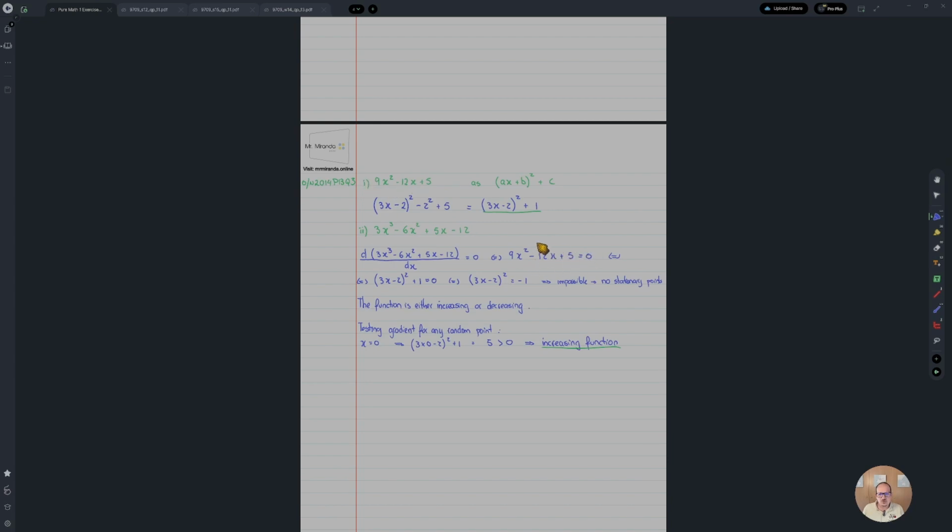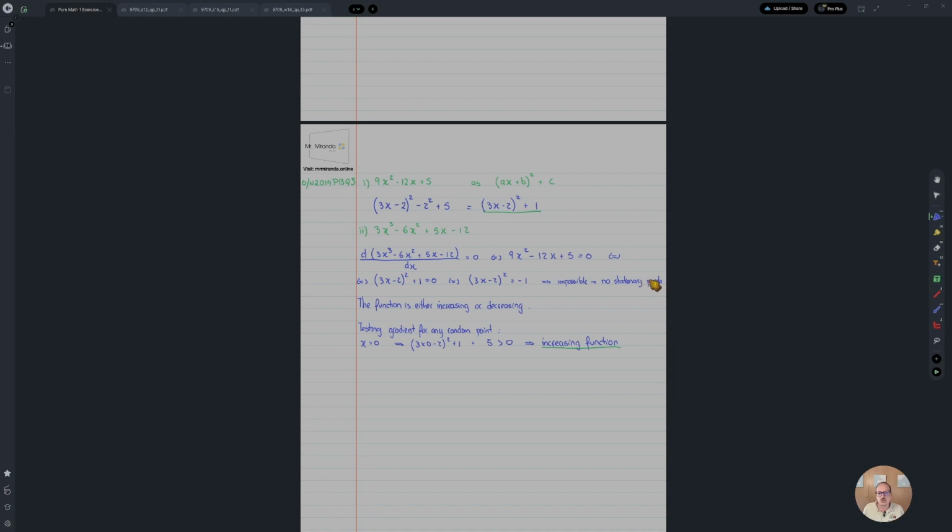Equate it to 0. You can use the completed square form instead, it's much quicker. You'll see that after sending the 1 to the other side, you have a negative number, so you are unable to solve this using any real number. So this proves that you have no stationary points.